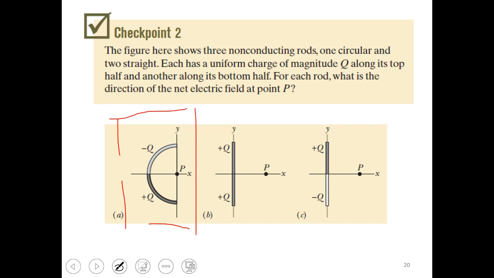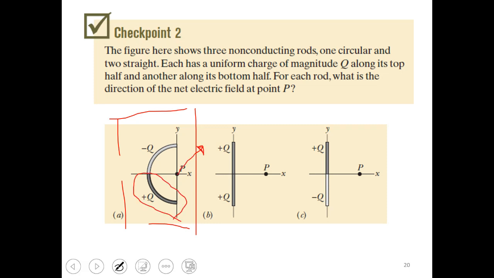For part A, it asks which direction the total E field is pointing. And actually, it is quite simple. For the E field generated by the lower part, it will point this way.